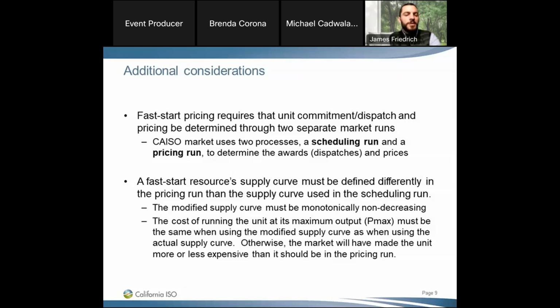Otherwise, the market will have made the unit more or less expensive than it should be in the pricing run. So it's important to make sure that the modification of the supply curve follows best practices, so that you maintain convexity and at the same time make sure the costs aren't misrepresented, such that you change the efficient dispatch of the market.